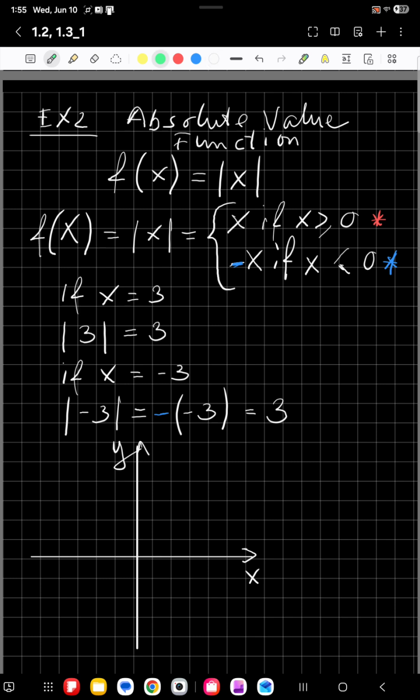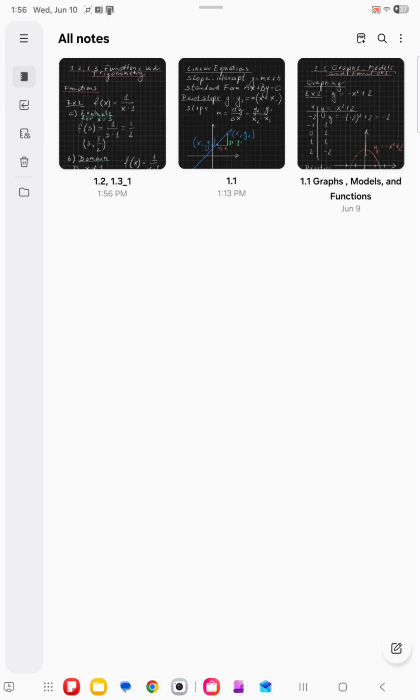Oh, this was supposed to be red. So let me graph y equals x. So this is y equals x.